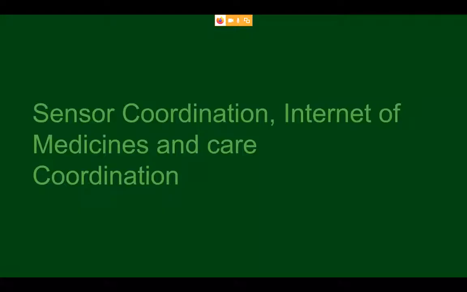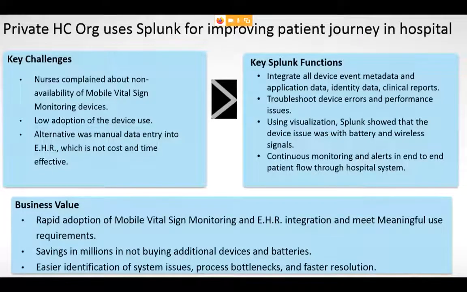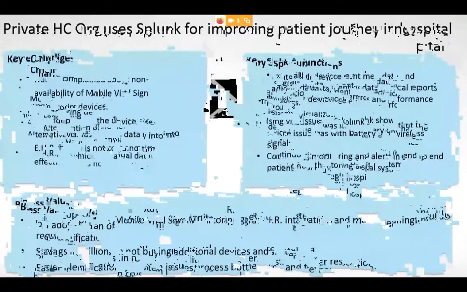You can also visualize the health of the patients, device issues, devices connected to the patients and stuff like that.